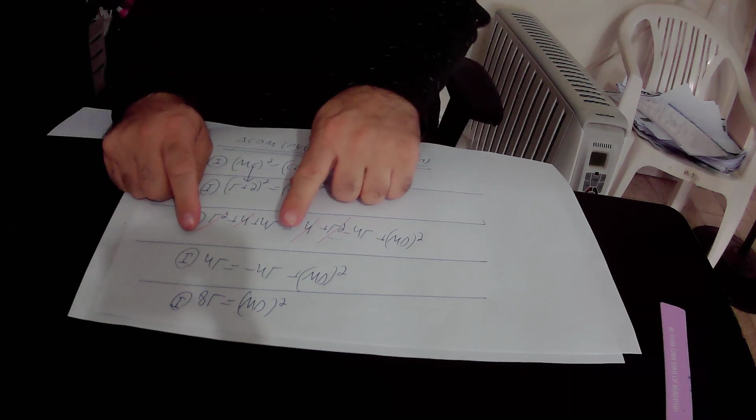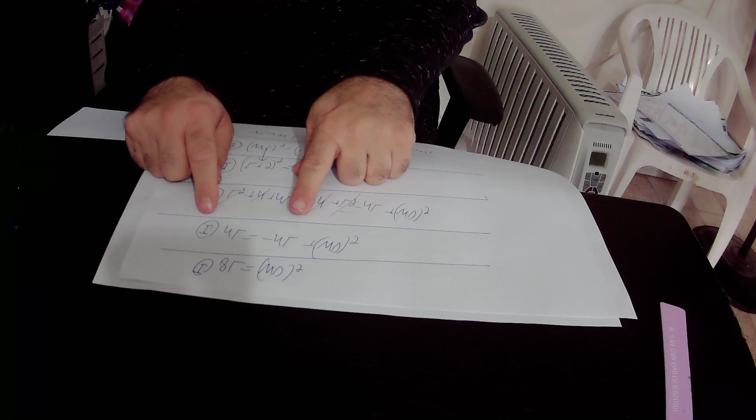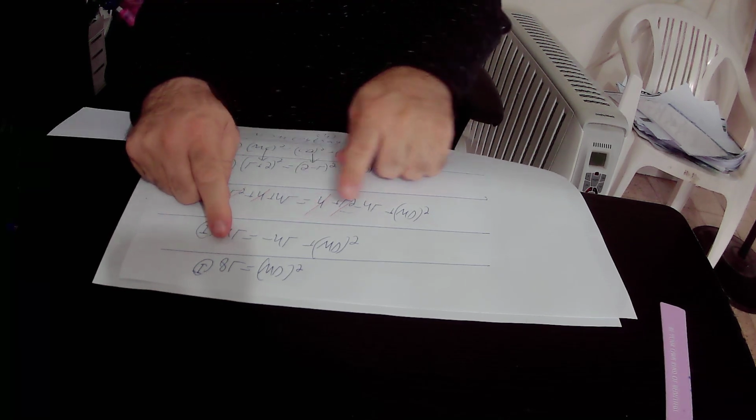So here we added 4R to this equation number 1, and 4R plus 4R is 8R.